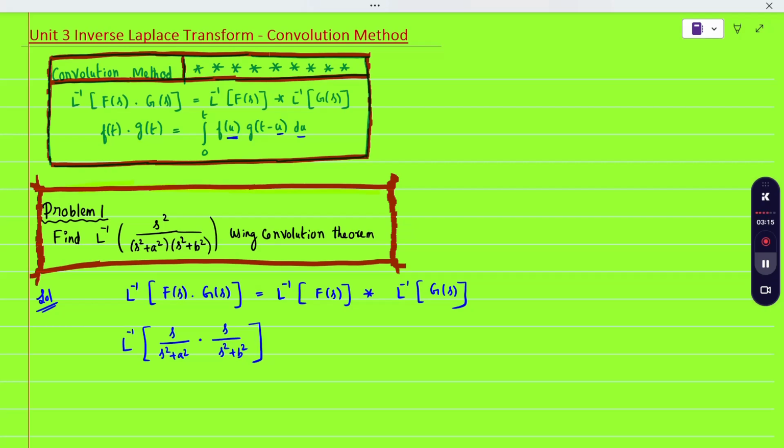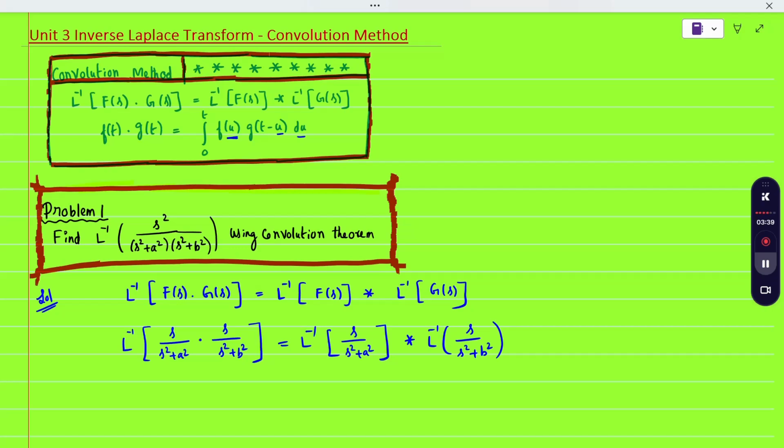Yes, multiply and check, yes, same question only. Now apply it. Only the left side I have written as per the question. Now the right I am going to bring as per this. So L inverse of s divided by s squared plus a squared star L inverse of s divided by s squared plus b squared. We know the formula for this.